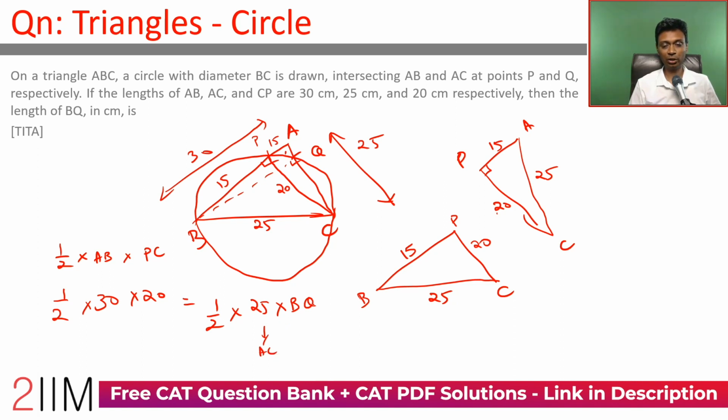Plug this in and then we are through. We'll be able to find BQ. This half and half disappear. 25, take off a 5, make this 6. Take off another 5, make this 4. 6 into 4, 24. BQ is 24 centimeters long. Wonderful, wonderful question. Pythagoras theorem and the idea that area is half into base into height.